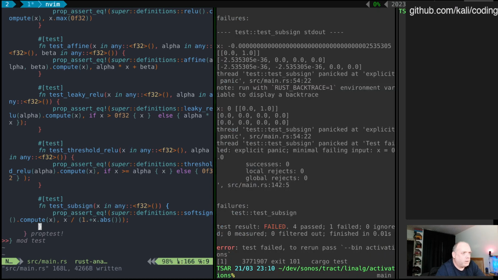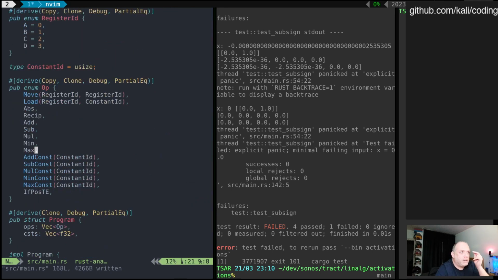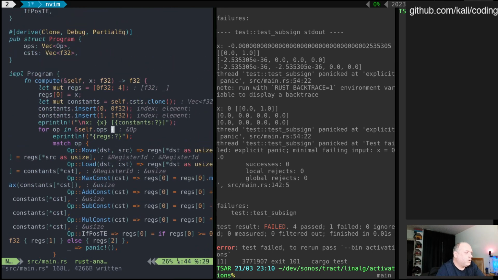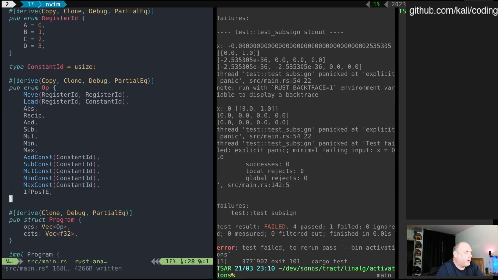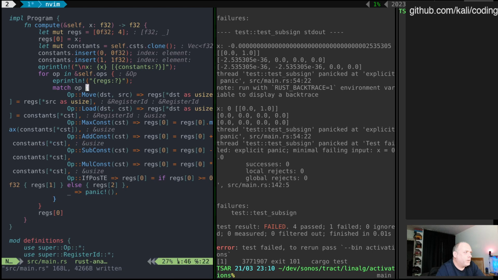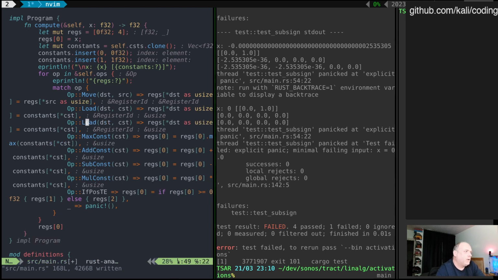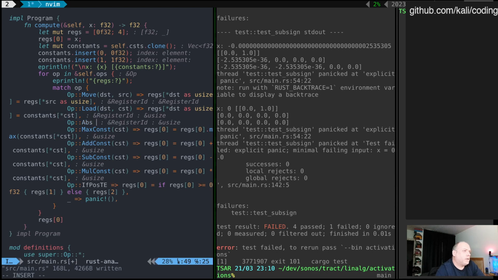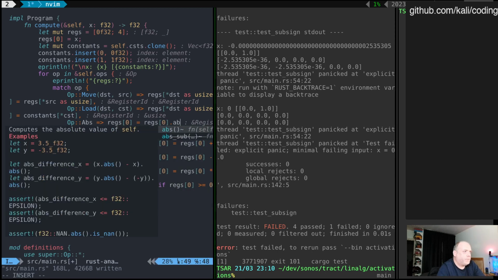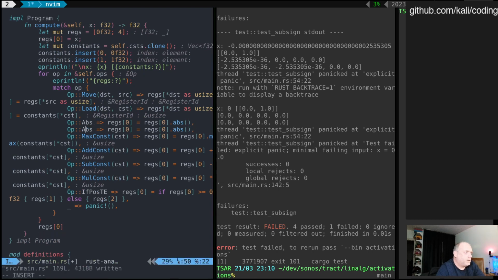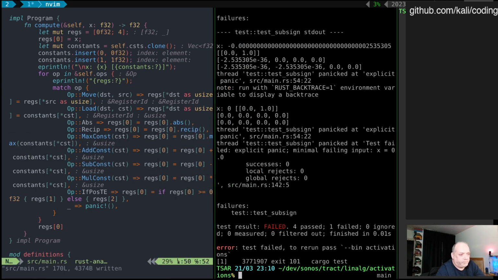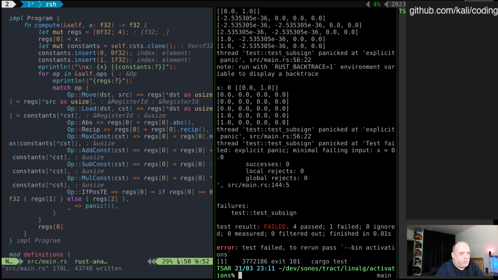So soft sign, I guess we are missing some operators like abs, explicit panic, right? So we have move, we have load, abs comes after move and load, as well as recip, which I also need for this. So abs doesn't take any argument, and regs of 0 equals regs of 0 dot abs, and same for recip. Okie doke.